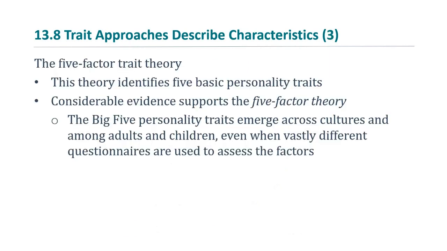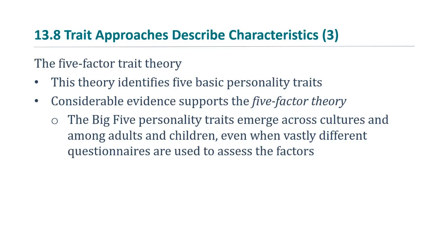Okay, the second trait theory that we're going to look at is the five-factor theory, and this emerged to describe the essential traits that serve as the building blocks of personality. There is considerable evidence that supports the five-factor theory.